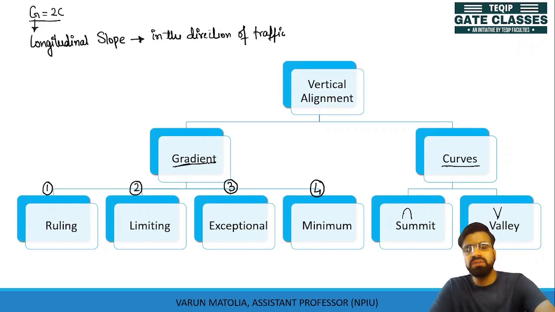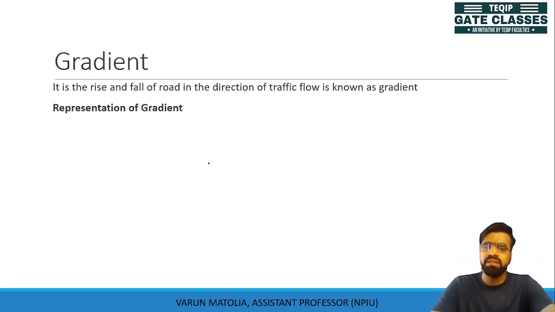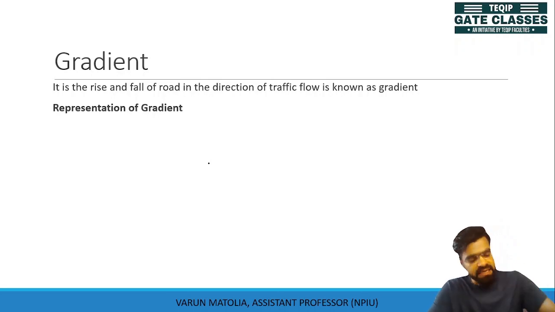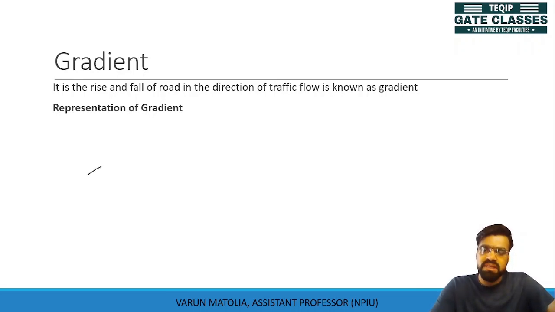Let's get into the discussion about the gradient. A gradient is a rise and fall of road in the direction of traffic flow. There can be a rise, can be a fall. Whenever I'm moving on a road, this is the profile of the road.